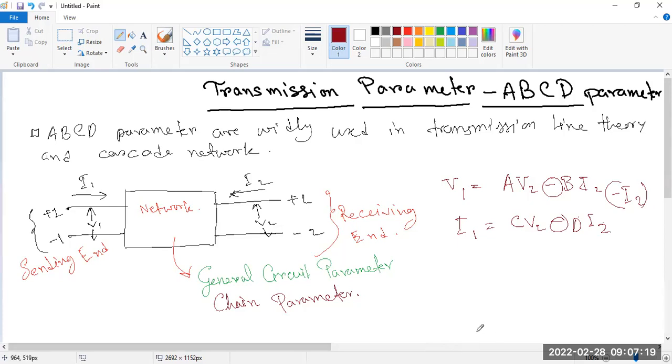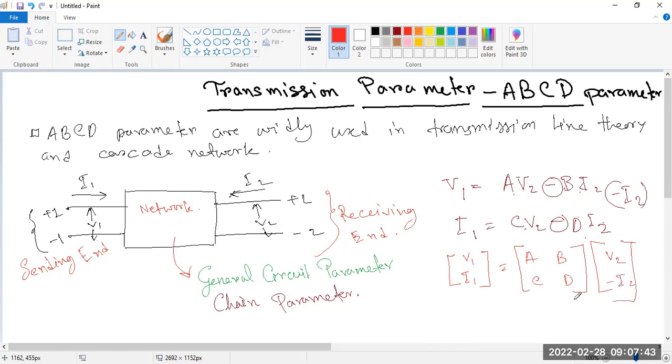So you can write it in matrix form: V1, I1 equals the matrix A, B, C, D times V2, minus I2.